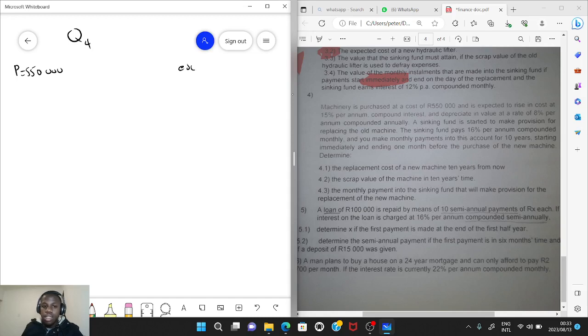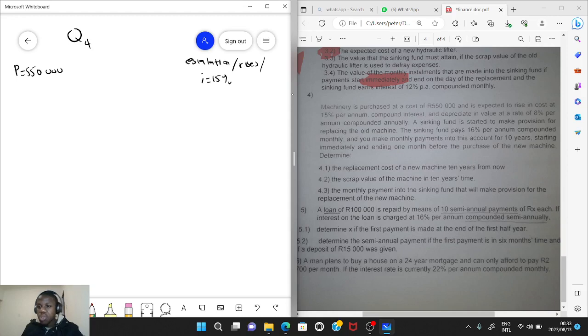We know that escalation, or inflation, the rise, our i will be 15% at compound interest.